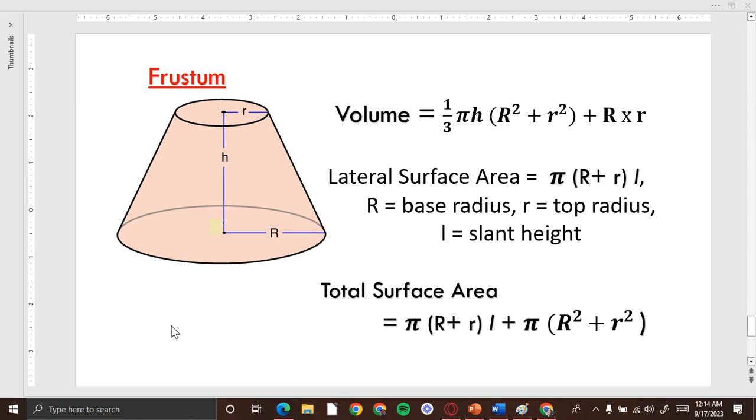The volume of the frustum is equal to 1/3 pi h into (capital R square plus capital R into small r plus small r square). Lateral surface area is equal to pi into (capital R plus small r) into L, where capital R is the base radius, small r is the top radius and L is the slant height. Total surface area is equal to pi into (R plus r) into L plus pi into (capital R square plus small r square).